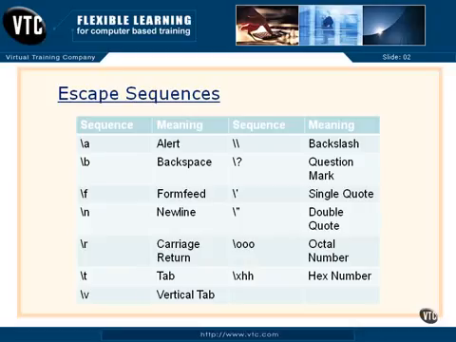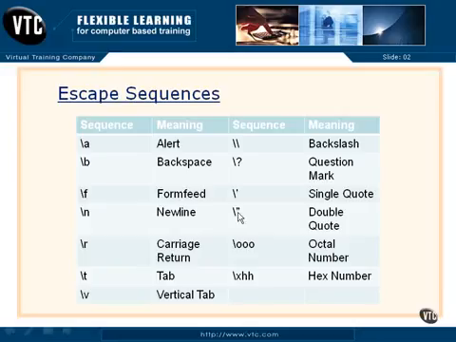An \r is a carriage return, there's a tab, and then you can use some special things like the backslash and 3 digits of an octal number or backslash x and a hexadecimal number to create sequences of special codes in your constants that you create. If you want to actually show a backslash or a single or a double quote inside a string constant, you have to escape it out like this with a backslash in front of it so that it doesn't get picked up as another backslash or as the ending double quote of a string.